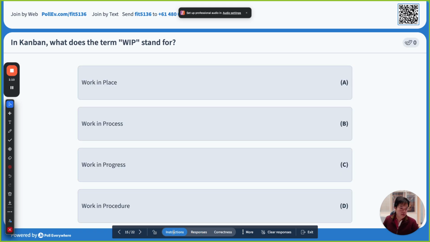I just told you. In Kanban, what does the term WIP stand for? All right. What is that?